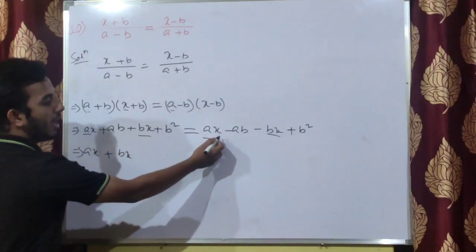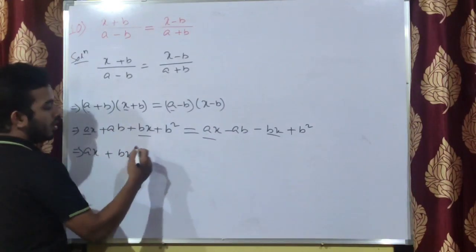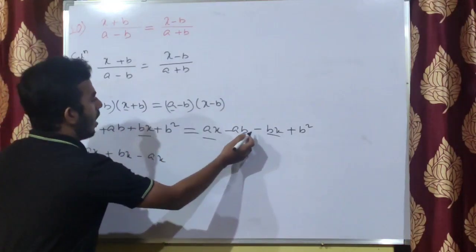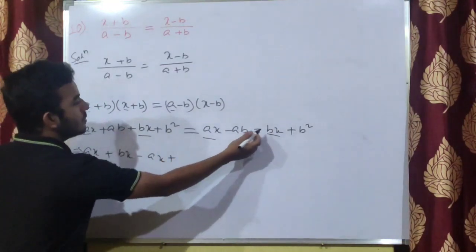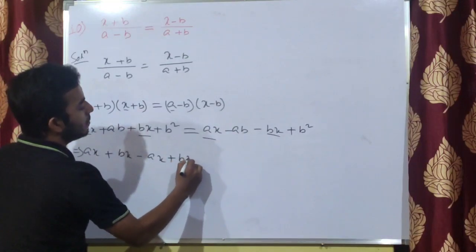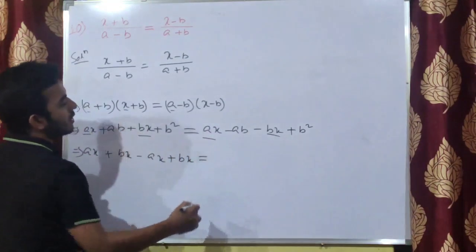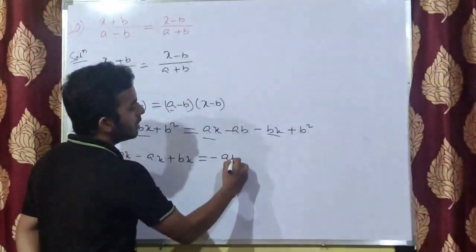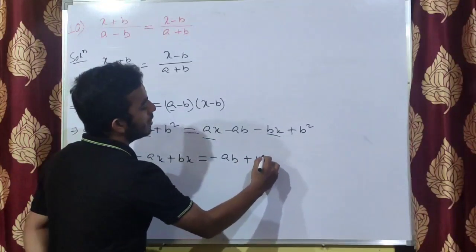Now if we take ax to the left hand side, it will be minus ax, and this is minus bx, so it will be plus bx, then equal sign. After equal, what is left: minus ab plus b square.